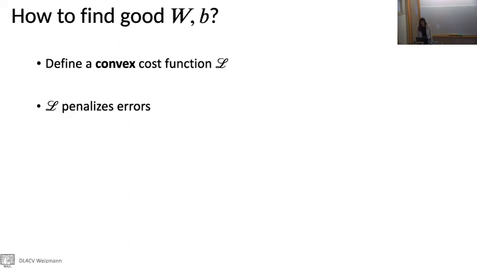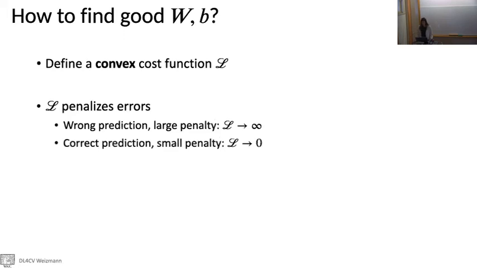And the idea of the loss function is that we want to penalize some errors. We want to penalize the predictor and inspect how good our classifier is. What this means is that if our classifier makes a wrong prediction, we're going to have a large penalty approaching infinity.